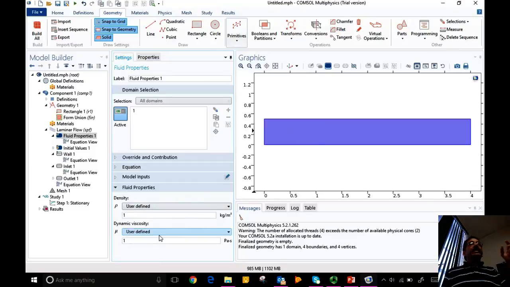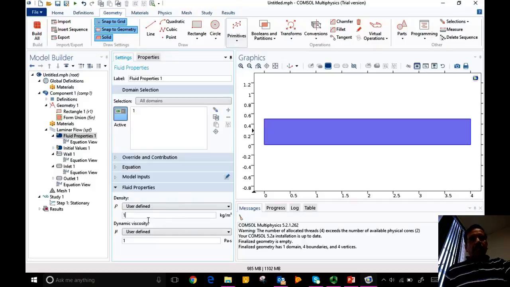But you can put any user-defined function to describe the property as a function of temperature, for example. In fact, we will show how to couple that with heat transfer. Okay. Question came to my mind. When we have heat transfer as well, we know that the density and viscosity depend on the temperature. Is it going to solve it automatically by itself, or do we have to?